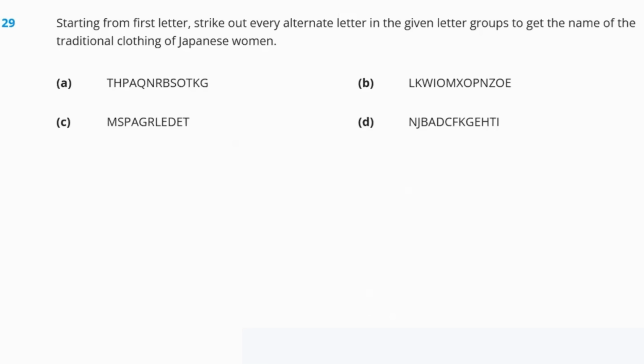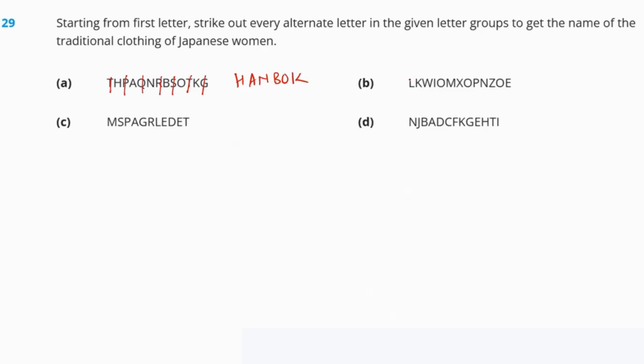Question number 29, starting from the first letter, strike out every alternate letter in the given letter group to get the name of the traditional clothing of Japanese women. Okay, so here we get hanbok.